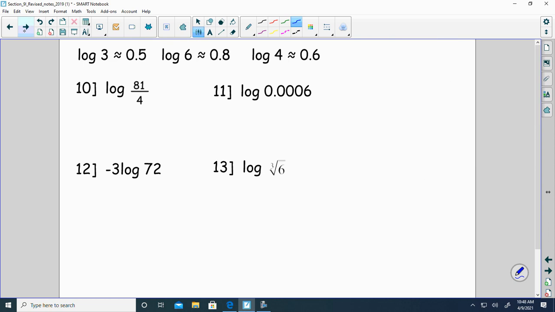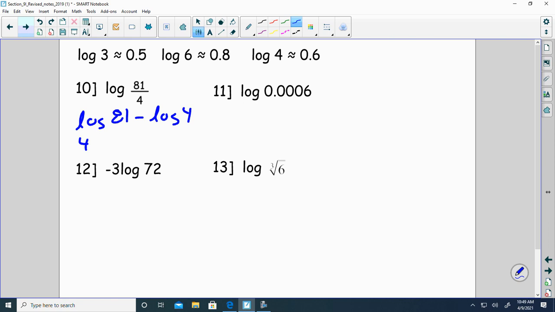All right. Hey, this is another one just like we've just done, but they tell us, hey, log 3 is about 0.5, log 6 is about 0.8, and log 4 is about 0.6. So I know that this is going to be log 81 minus log 4. Agree? Now, 81, oh, shoot. 81 is 3 times 3 times 3 times 3, 3 to the 4th.